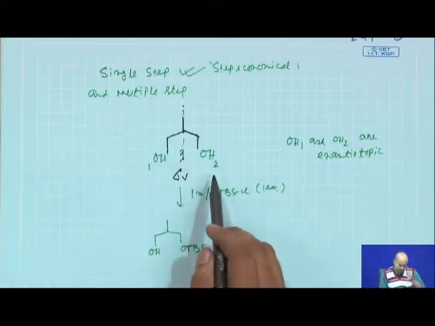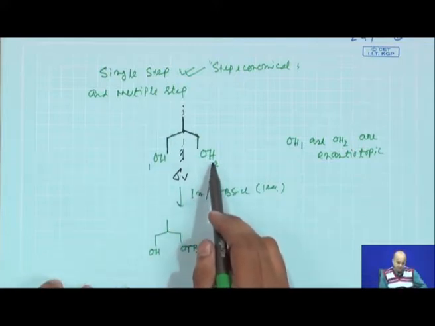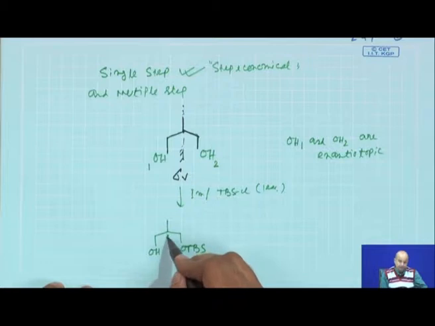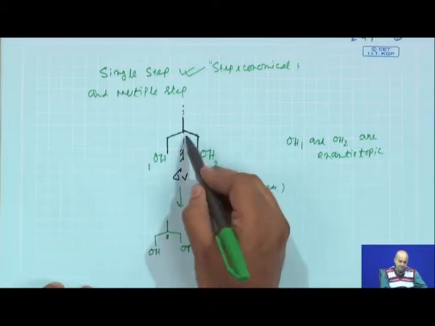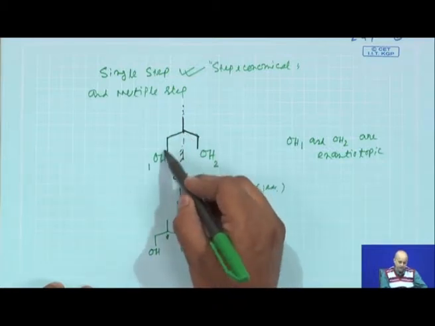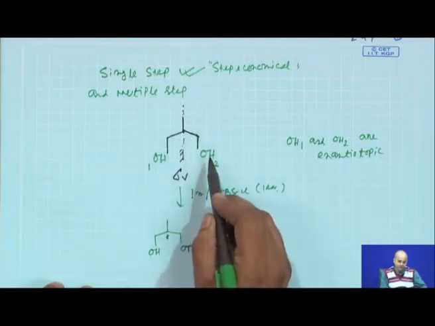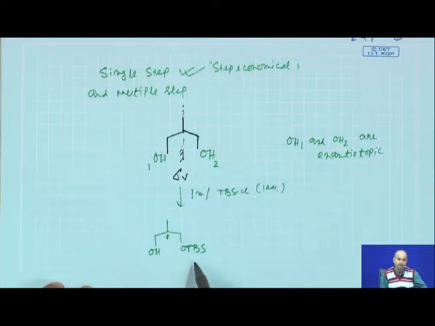After the desymmetrization you will see that this molecule is no longer achiral; the center is now a stereogenic center. Initially this is a prochiral center because CH2OH and CH2OH are the same. Once you convert one of the OH groups to OTBS, you bring in a stereogenic center.